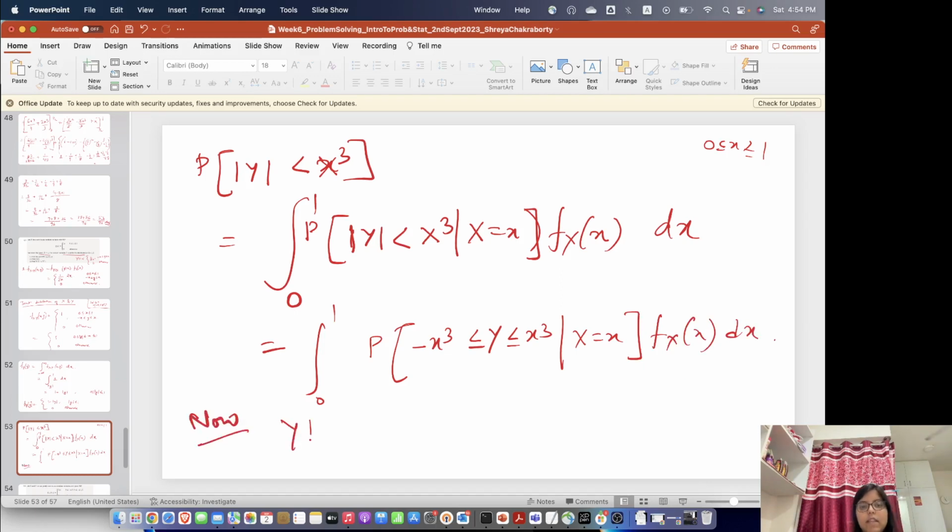Now we have been given that y given x follows uniform minus x to x.